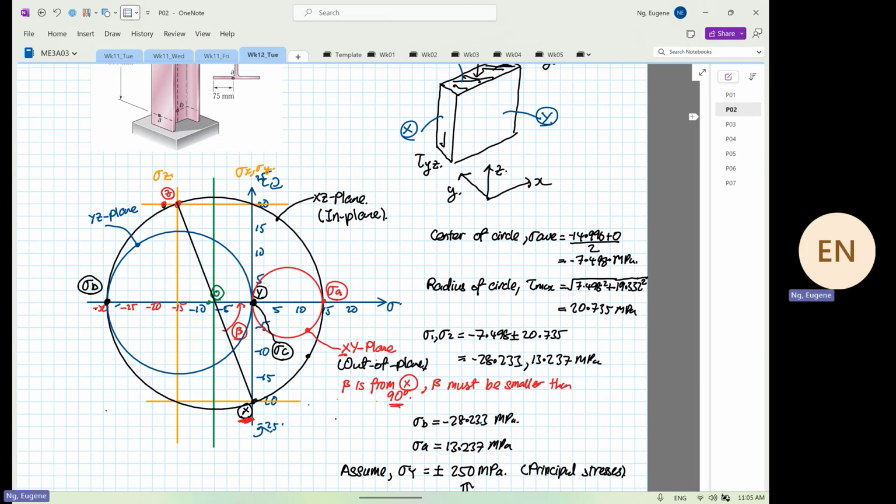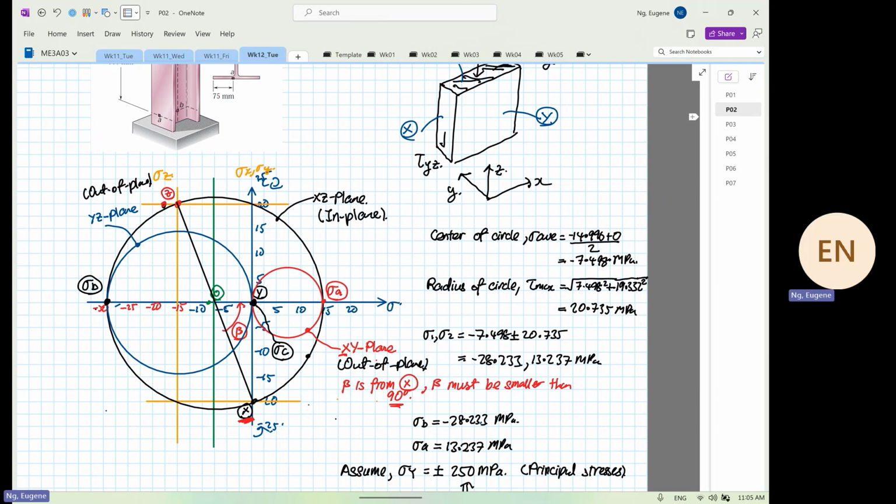Out of plane. In fact, for this case, if you just construct a 2D Mohr's circle with our exact case, you will get the same result without drawing the smaller circle.